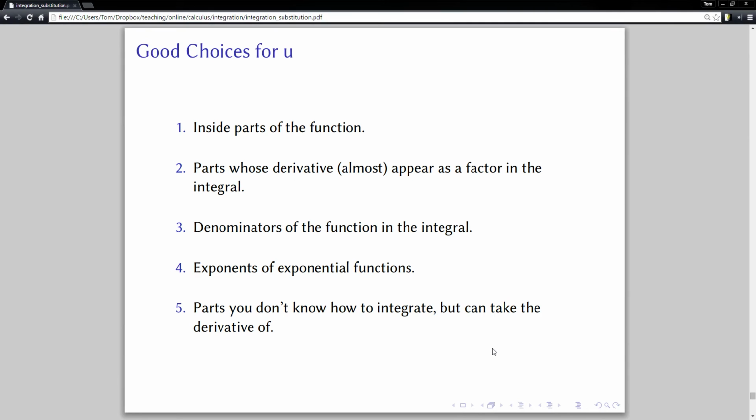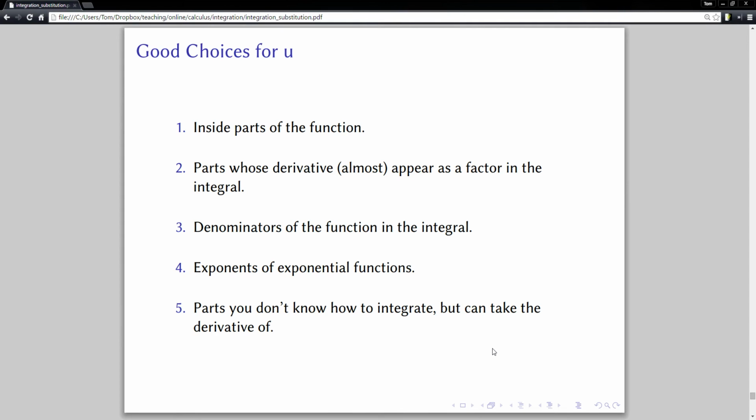Exponents of exponential functions. So if you have e to some other function of x in there, that exponent part might be a good part to choose to be u. And then parts of the integral that you don't know how to integrate, but you can take the derivative of. So examples of that would be something like natural log x. We haven't talked about how to integrate natural log of x, but we do know that the derivative of natural log x is 1 over x.